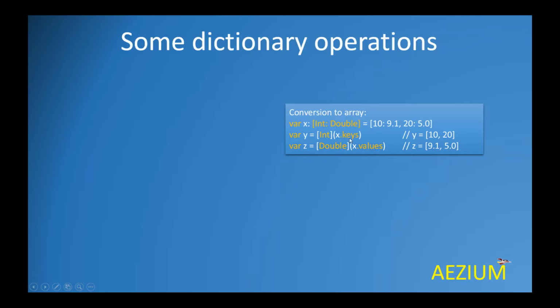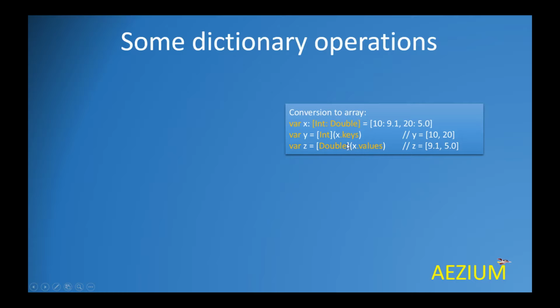Out of this we get a series of values, 10 and 20 in this case, and those values, by using this cast operation, are converted to an array of integers, and that array is returned and given to y, and y will become equal to that array, in this case 10, 20, which are the contents of the keys of this dictionary.